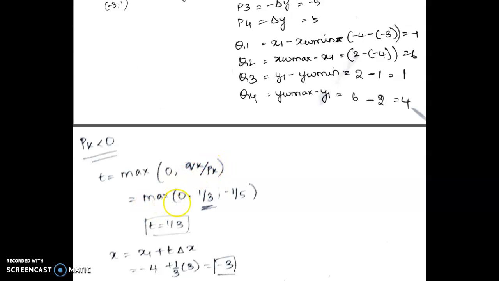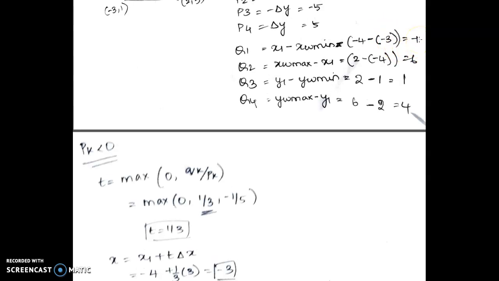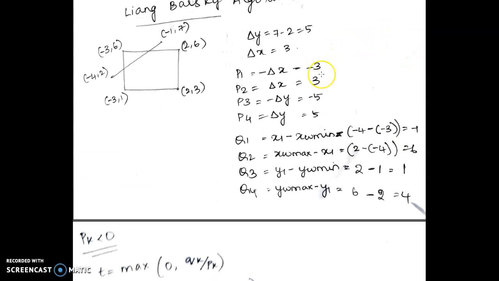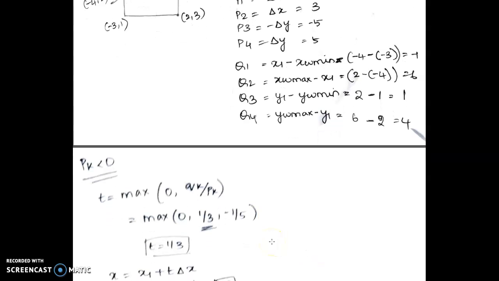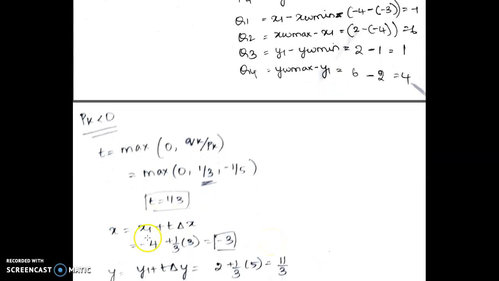So we take the max of 0, q1 is minus 1 and p1 is minus 3. So we write it as minus 1 by minus 3, that is 1 by 3. Similarly, for k equals 3 we get 1 divided by minus 5, that is minus 1 by 5. We need to find the maximum value of these three. So 1 by 3 is the maximum value, and we take t as 1 by 3.